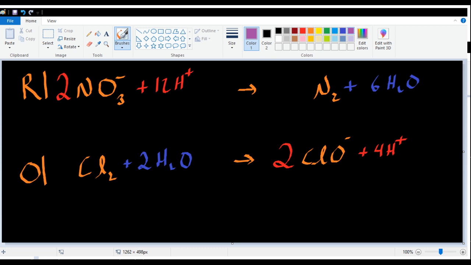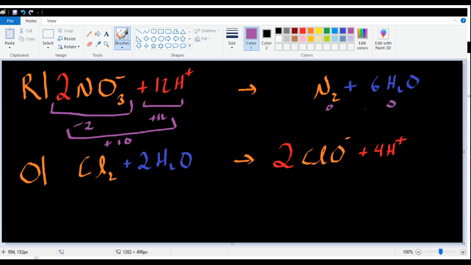And finally, we balance out our charges. So, positive 10 on the left versus 0 on the right.